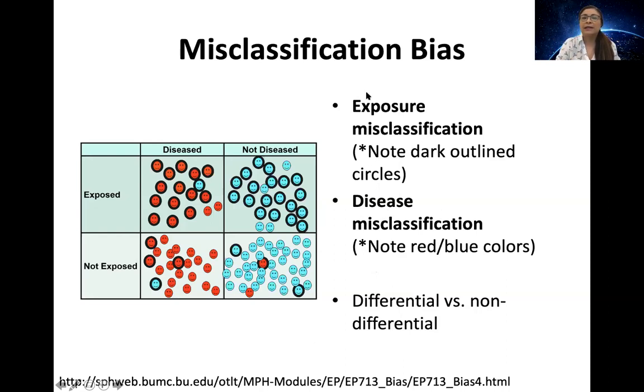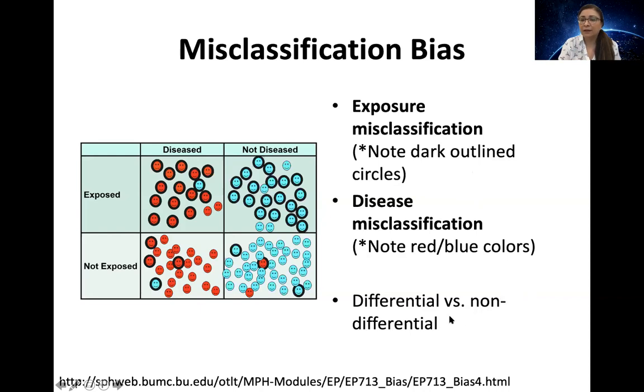In other words, let's say the bias for exposure classification is just a lot greater. There's way more people who are misclassified by exposure than by disease, or vice versa. That's what's differential. It's different. The exposure classification is different in the magnitude in comparison to the disease misclassification, or vice versa.